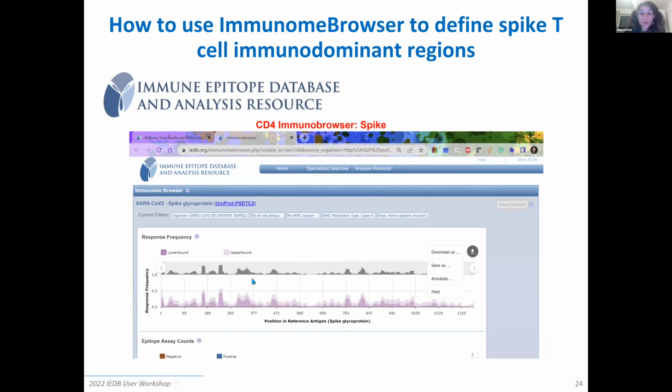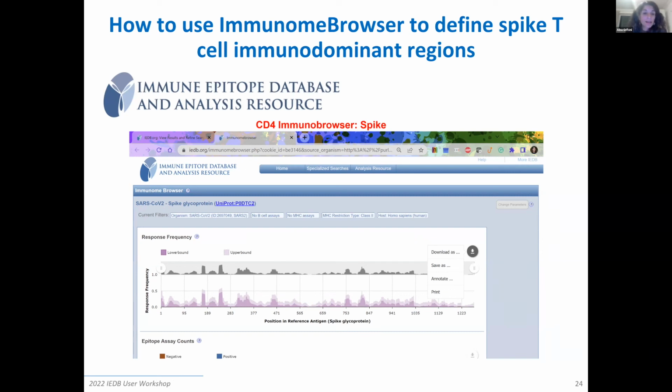You can also download the figure or also download information pertaining to the single amino acid position. Try to really have a feeling of what is the number of positive versus tested responses and what is the interval over there. So this is one way to look at the data.